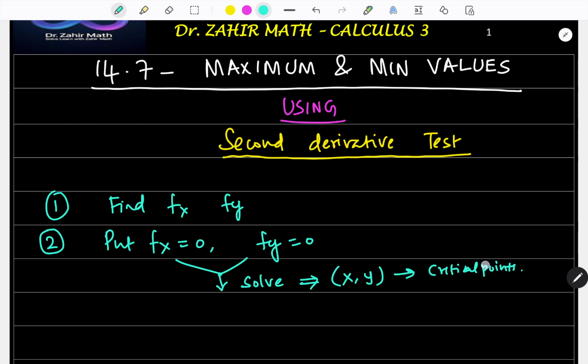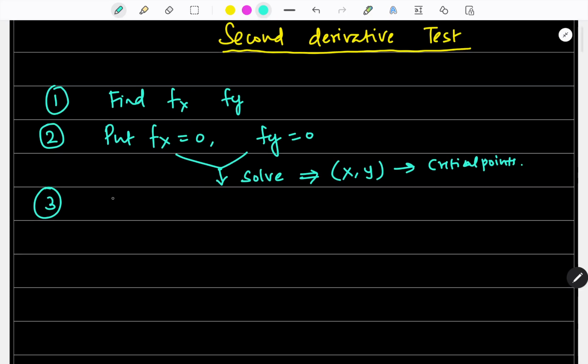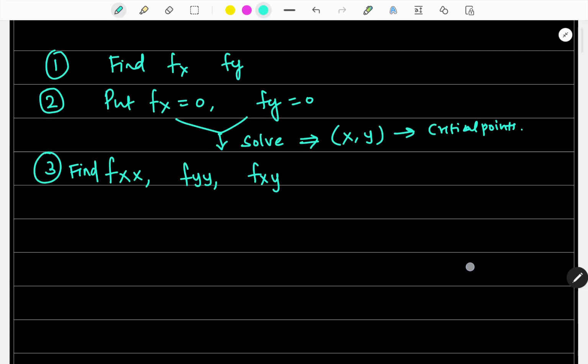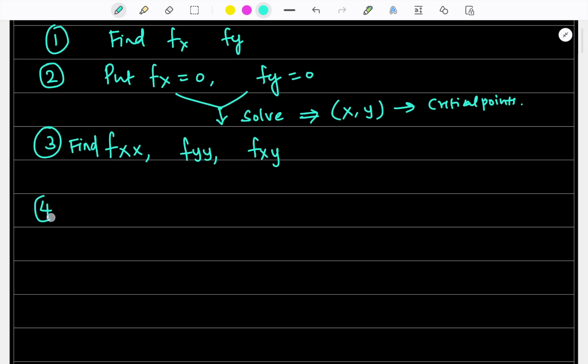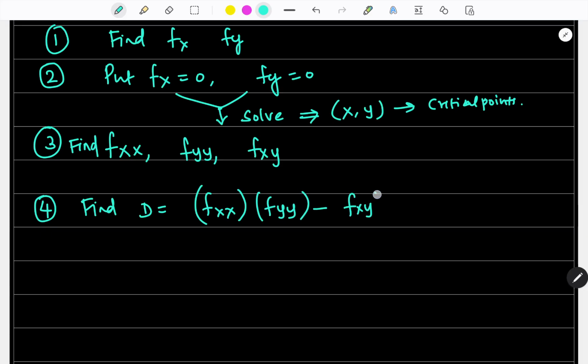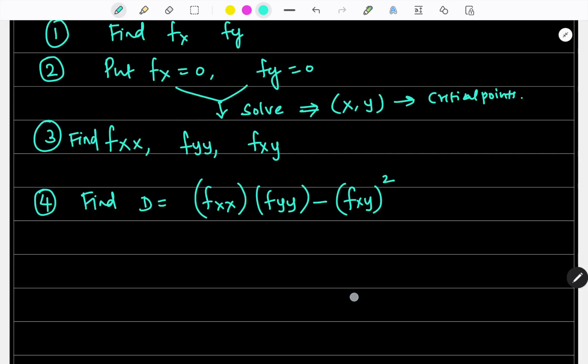After finding the critical points, step number 3 is to find the second derivatives fxx, fyy and fxy. Then step number 4 is to find D equal to fxx multiplied by fyy minus fxy the whole squared.